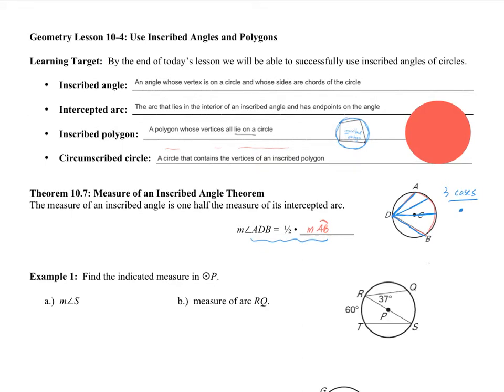Example 1. Find the indicated measure in circle P. Part A. We would like to find the measure of angle S. Well, since angle RST is an inscribed angle of the circle P, and you're given the measure of arc RT of 60 degrees, so measure angle RST must be 1/2 of 60 degrees by theorem 10.7.